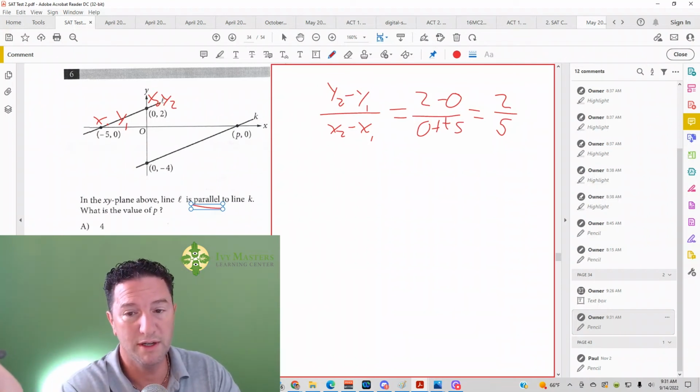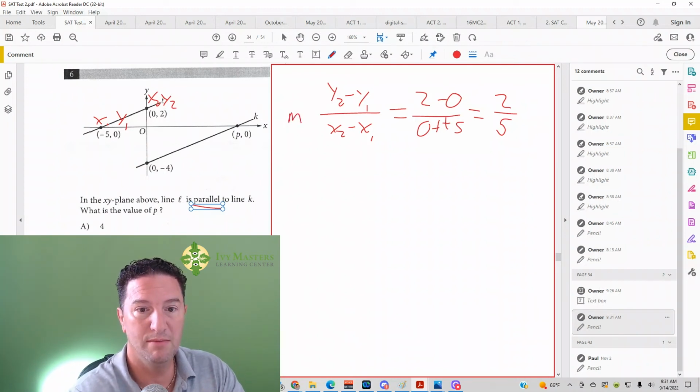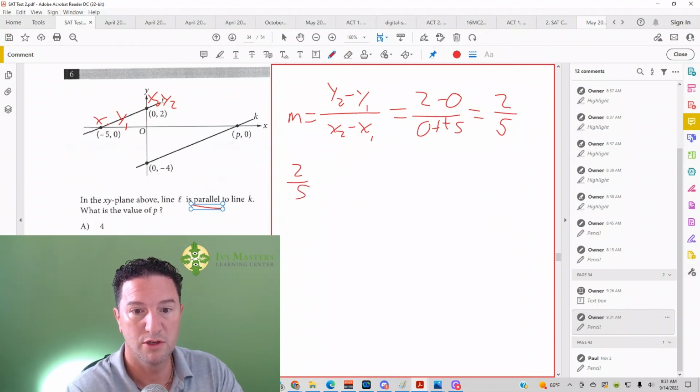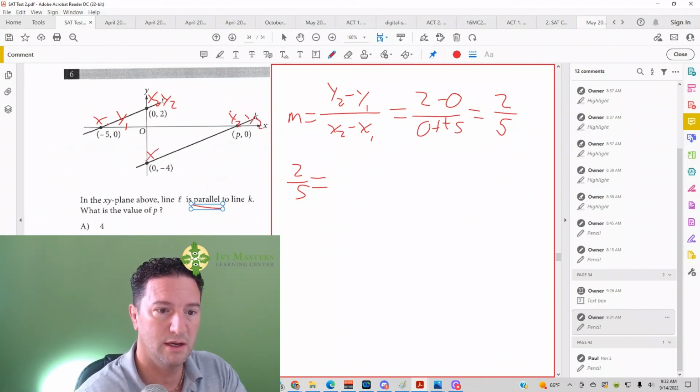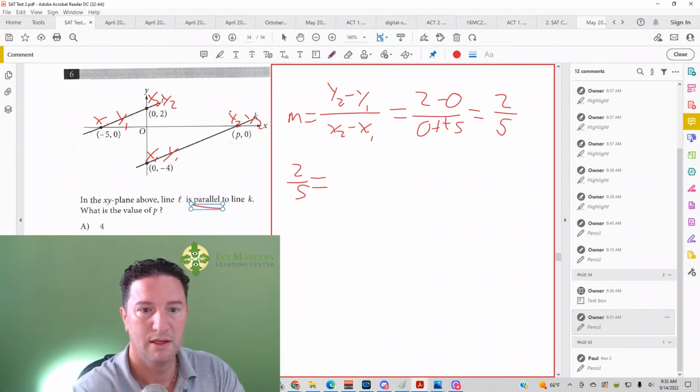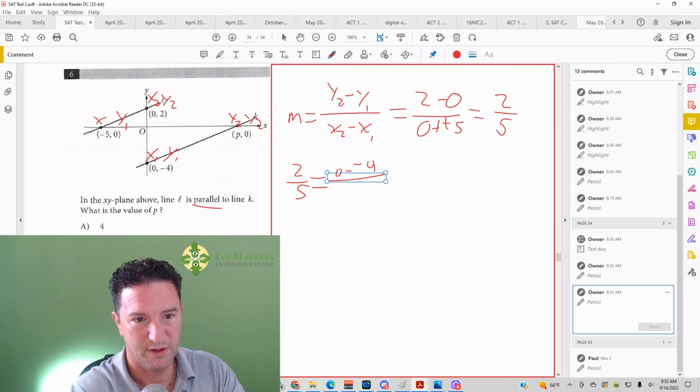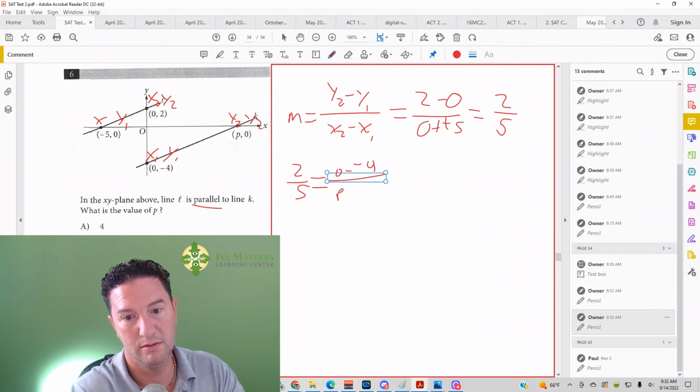When you look at the other one, since the slopes have to be equal, m is your slope, and in place of your slope, you could put 2/5. So 2/5 equals y2 minus y1 over x2 minus x1. I'm going to do basically the same thing I did before. This is x2, y2. This is x1, y1. And now I've got 0 minus -4, that's a 0, not a 6, over p minus 0.